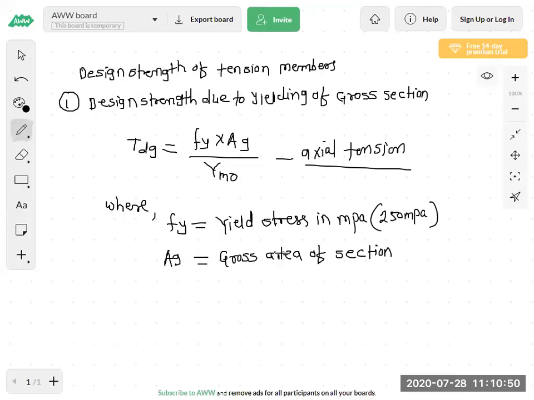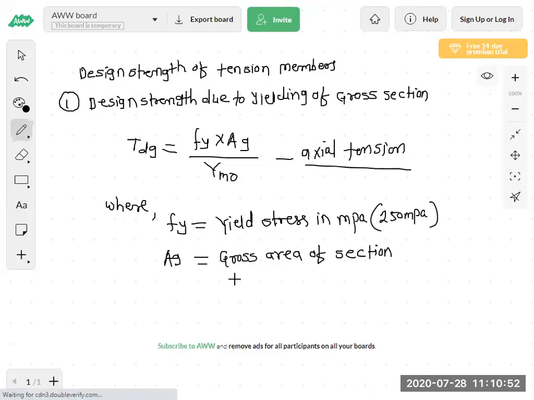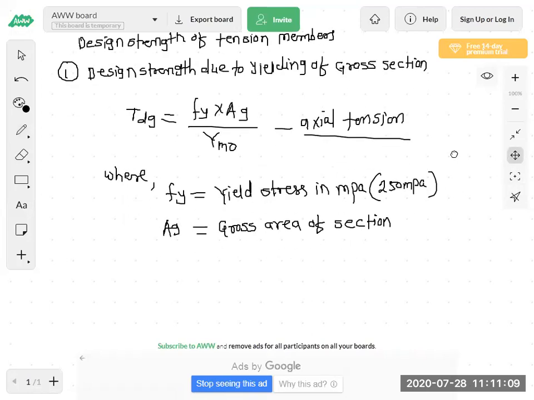So we can find the gross area of each and every element, whether it is an I section, channel section, or angle section. Whatever section is given, the gross area is given in the steel table, and we have to take it from there.